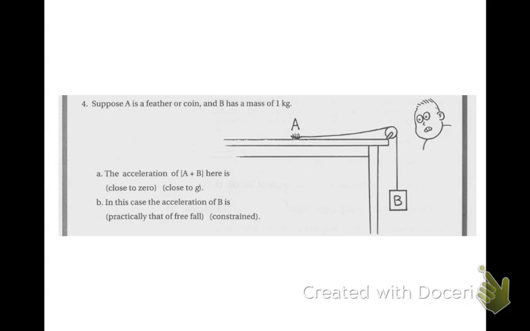The acceleration of A plus B here is going to be much closer to g, because B is much more massive than A. And in this case, the acceleration of B is practically that of free fall, because A is not putting up any kind of resistance whatsoever.